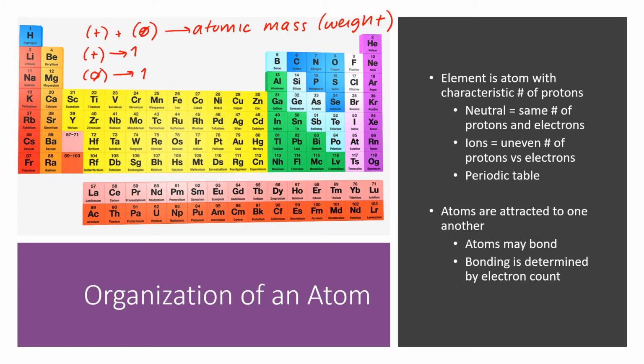Electrons have mass too, but it's a teeny tiny fraction of the mass of protons and neutrons, so it's practically speaking negligible. So for carbon, for example, it has 6 protons. Its atomic number is 6 to reflect that it has 6 protons. It also has 6 neutrons, so its mass is going to be roughly 12.